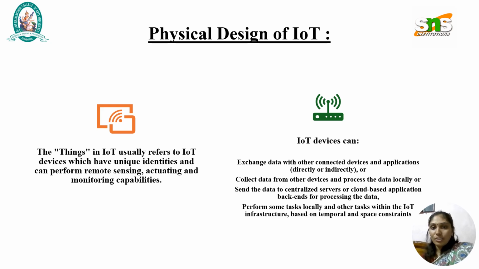It can exchange data with other connected devices and applications directly or indirectly, or collect data from other devices and process data locally and send the data to a centralized server or cloud-based application backend for processing the data. It can perform some tasks locally and other tasks within the IoT infrastructure based on temporal and space constraints.